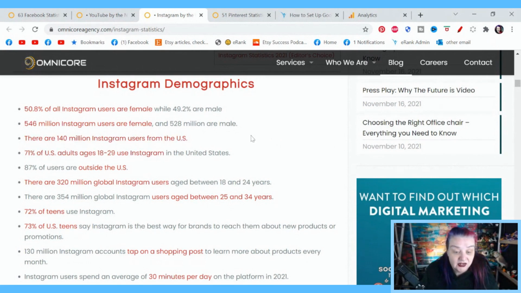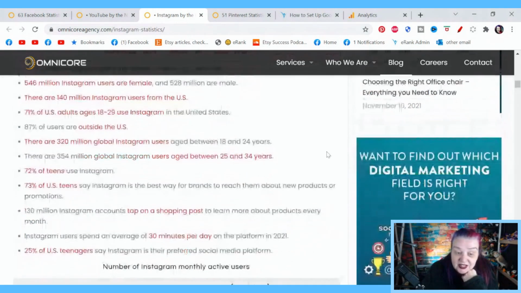140 million Instagram users are from the US. And yes, we were right. 71% of US adults aged 18 to 29 use Instagram. That's amazing. But still huge outside the US. The US is not the biggest market for any of these so far. 72% of teens use Instagram.